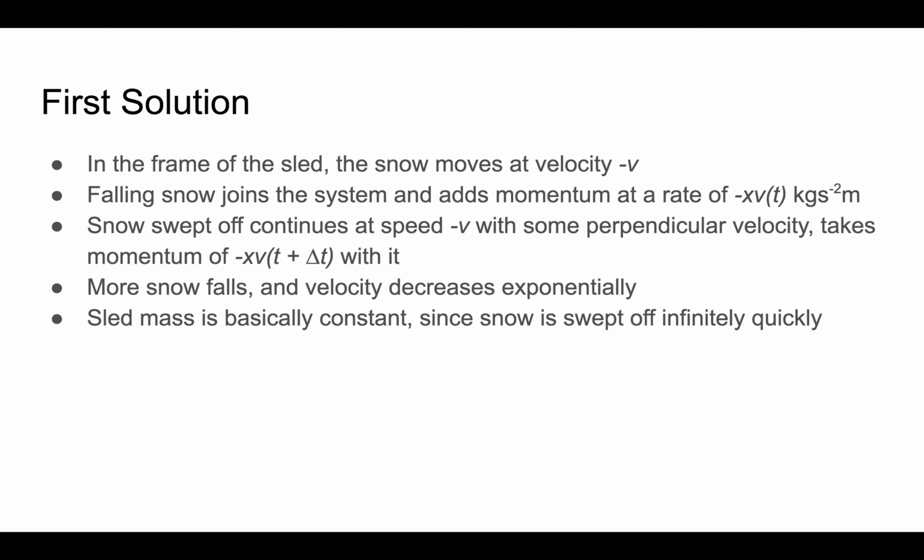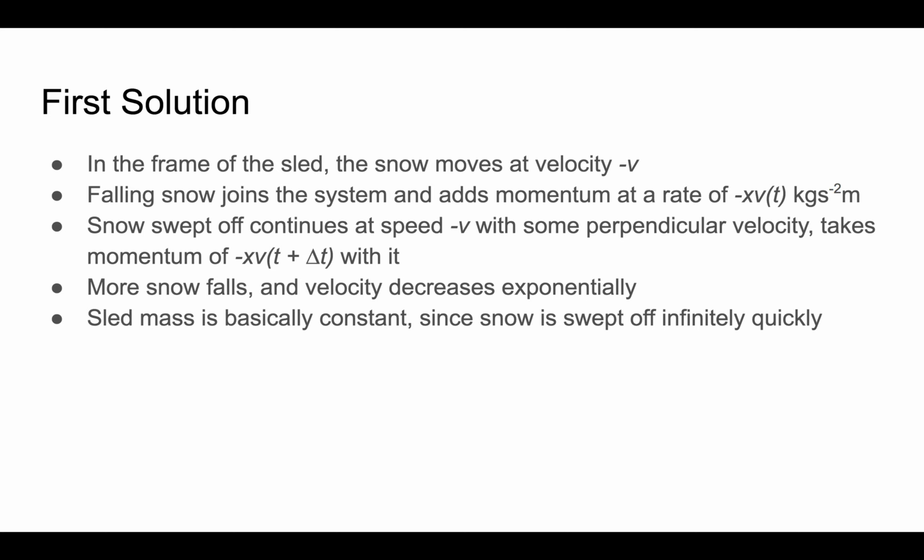So then we sweep it off, and it leaves the system, so it keeps going at the speed negative v. No, it doesn't keep going at the speed negative v. It goes at the speed negative v at t plus delta t, where delta t is the time between the snow falling and the snow being swept off the sled. So v of t and v of t plus delta t are actually different quantities. That's important to remember.